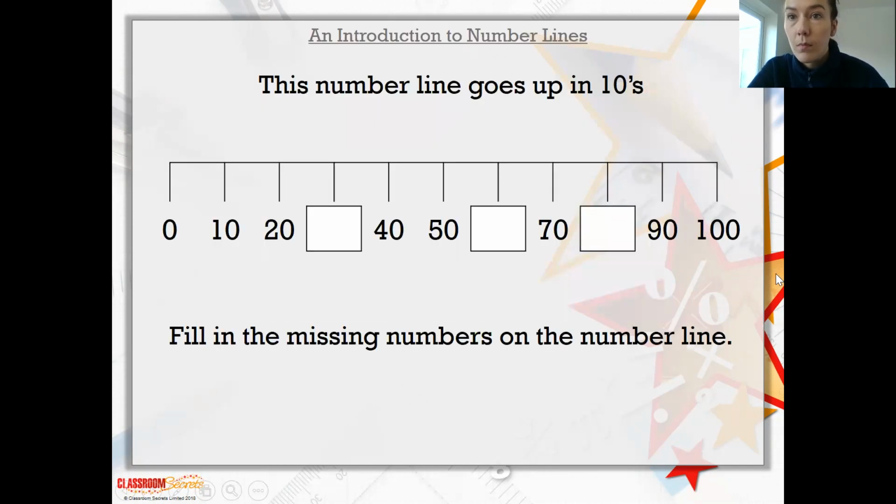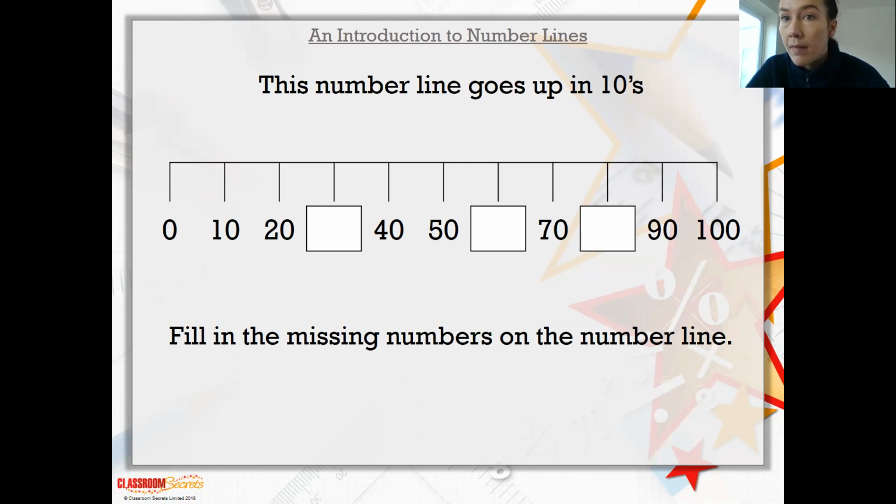However, we're moving on to trickier numbers now, bigger numbers. This number line obviously goes up in tens because we can see that by the numbers we've got, they are increasing by 10. So it says fill in the missing numbers on the number line.